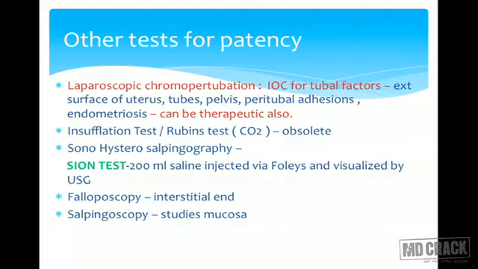Other tests of patency: laparoscopic chromoperturbation. This is done commonly and it is the investigation of choice for tubal patency. Putting a scope inside the patient's abdomen gives us an overall view: how the uterus looks, how the tubes are, what the peritoneal environment is, how the ovaries are, whether there are any peritubal adhesions. Everything you can see, which cannot be seen on hysterosalpingography.